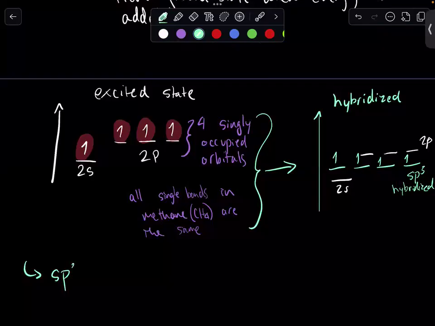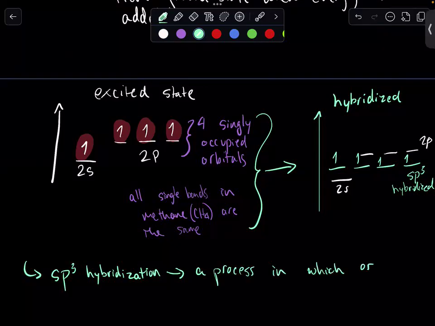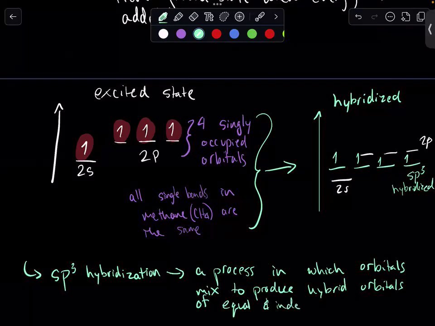Our sp3 hybridization, and we'll talk about what that means too, is specifically a process in which orbitals mix to produce hybrid orbitals of equal and intermediate energy.